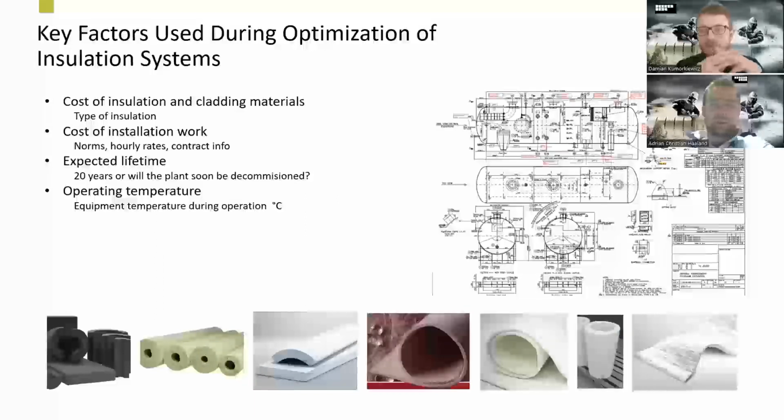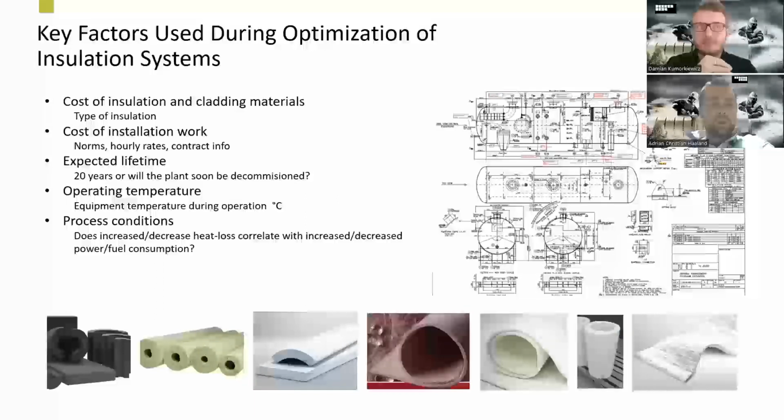We need to know the operating conditions, and we need to know the process condition. Now, the process condition is perhaps the single most important factor, because we need to know that we are insulating and optimizing an insulation system on an object where saved energy will actually translate into saved cost.